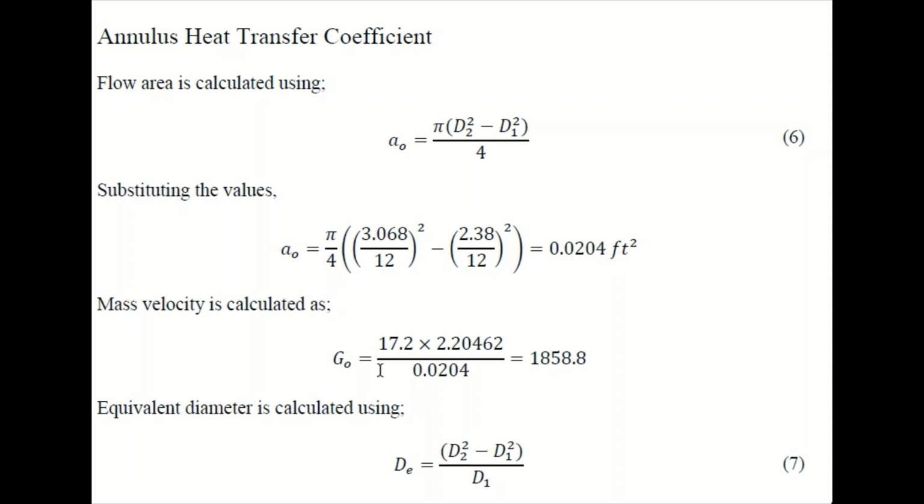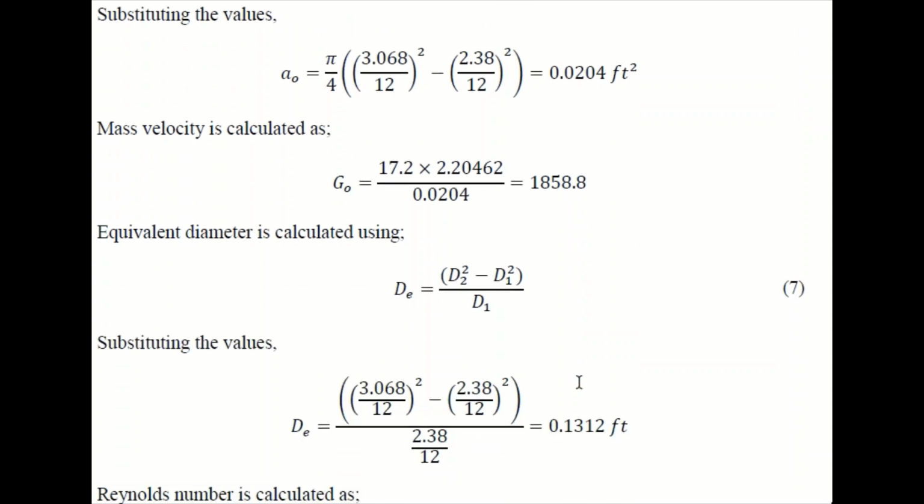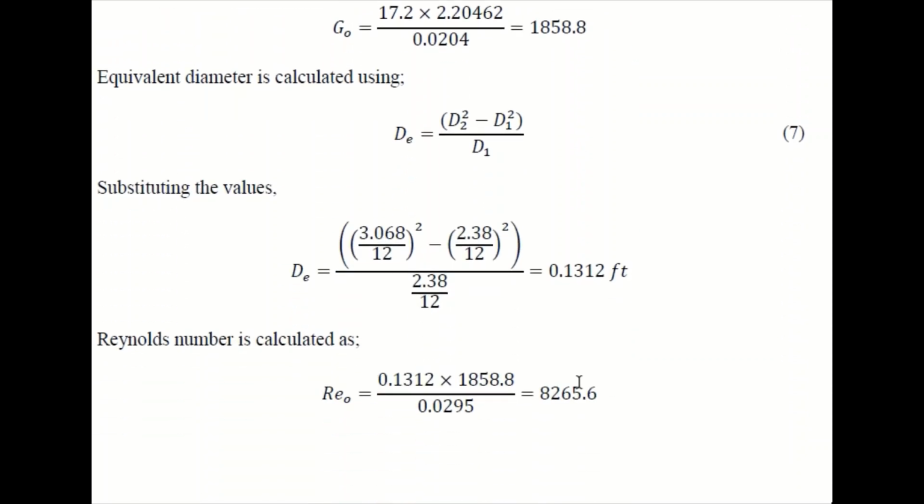Again we need to find the mass velocity, which is determined by dividing the mass flow rate by the flow area. It comes out to be 1858.8. Then we need to find the equivalent diameter, that is outer pipe diameter square minus inner pipe diameter square divided by inner pipe diameter. It comes out to be 0.1312 feet.